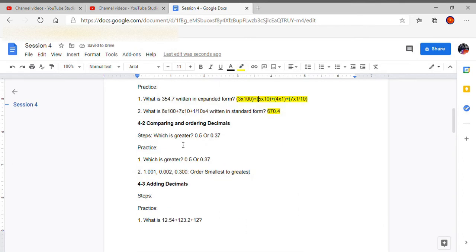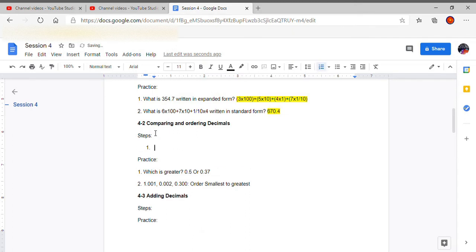Now, 4-2, comparing and ordering decimals. Which is greater? It's very easy when you're comparing and ordering decimals because we can just check the first number in the place and see which one is greater.